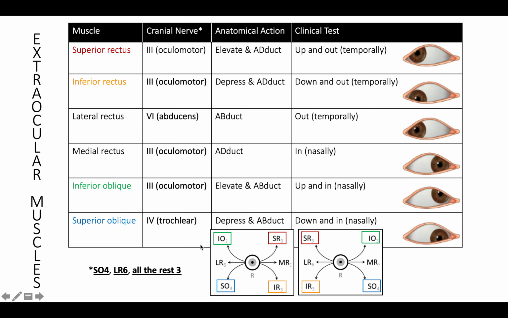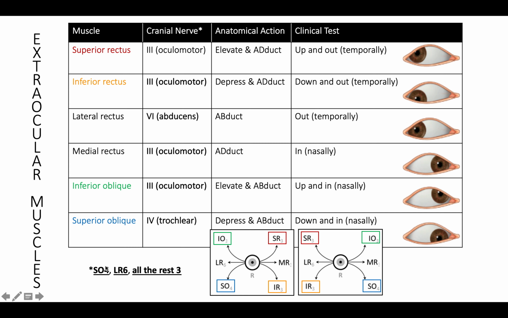The first thing that's important to know is what cranial nerves these muscles do. So we've got our SO4, LR6, all the rest 3. And the way I remember these two apart is SO4, it's like back to organic chemistry again. So anyways, that's how I keep them apart.